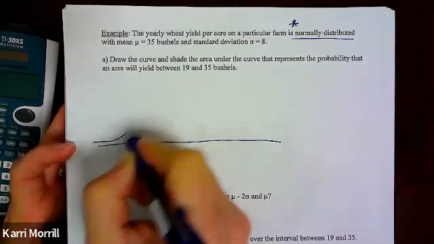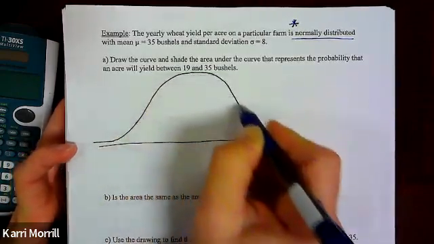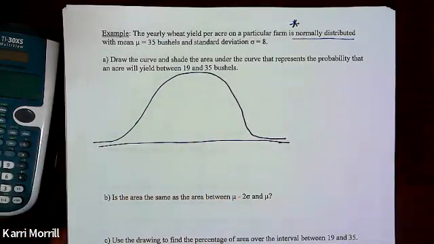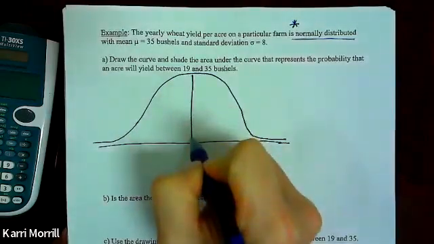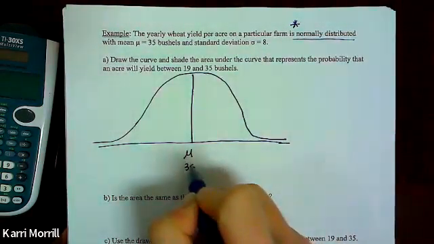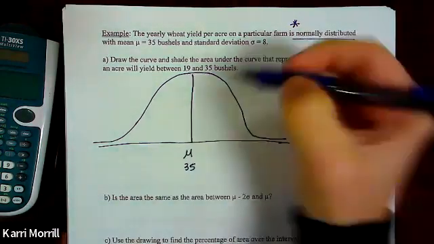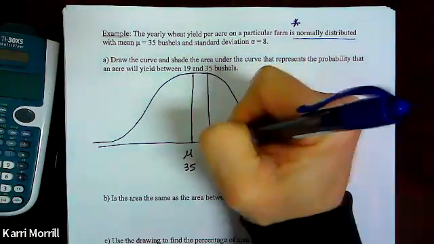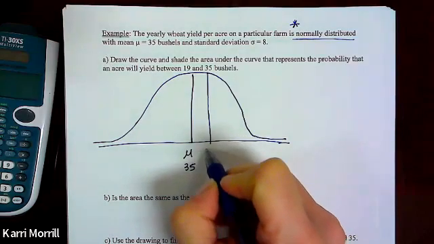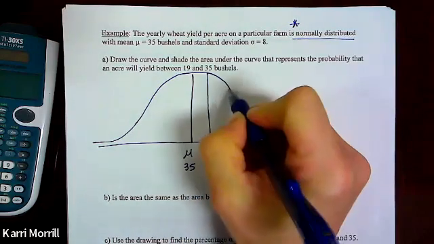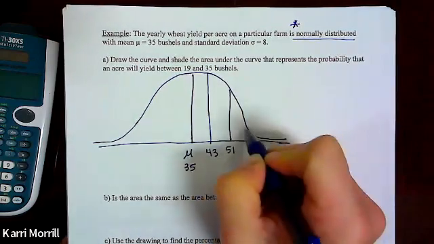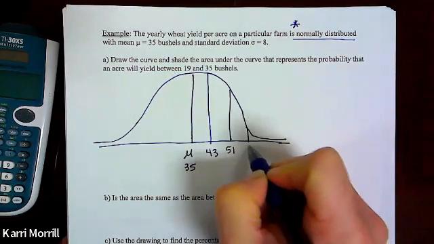Since we now understand the empirical rule, we can represent this with this image. So our mean, they tell us, was 35. And if we add 8 to that, that would be plus 1 standard deviation, we would get 43. If we add 8 to that again, we're going to get 51, and then add 8 to that, we get 59.